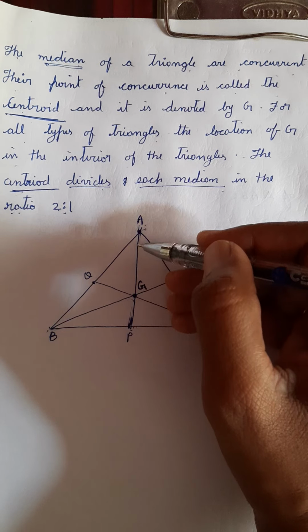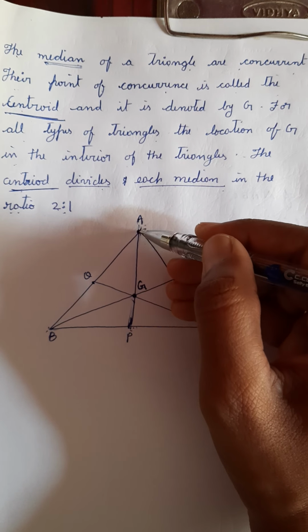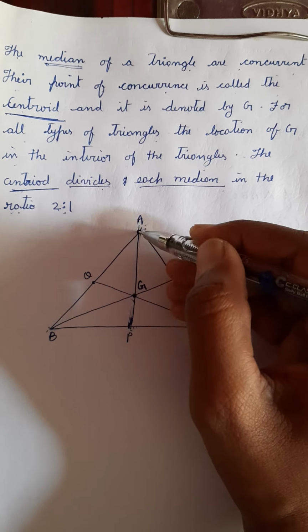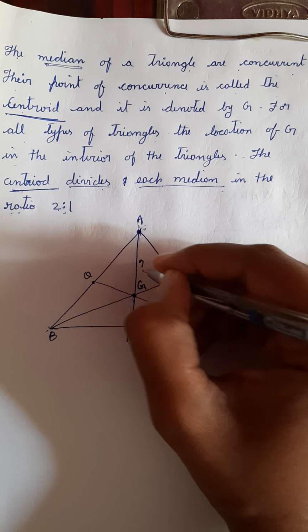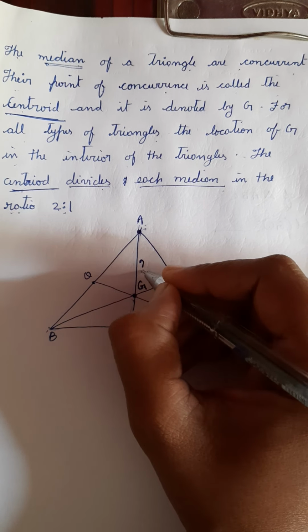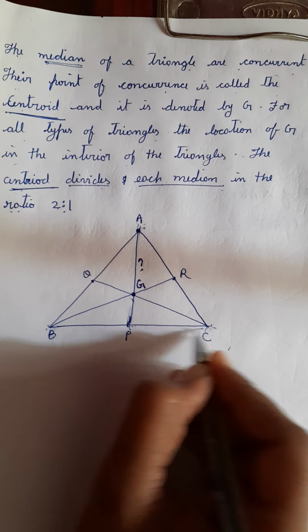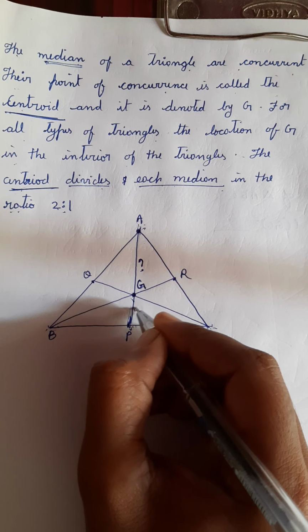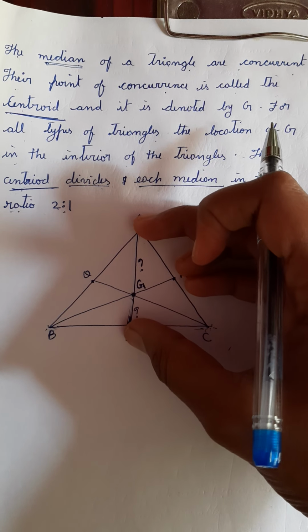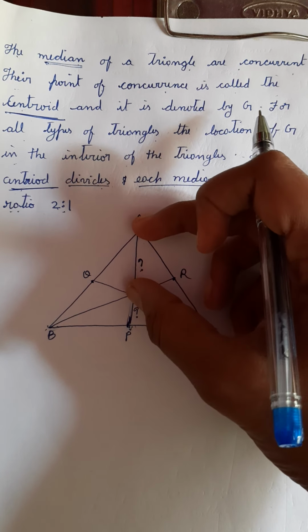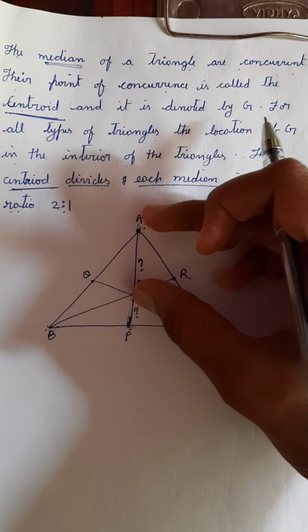So here, in median AP, we have two parts: one is AG, the other is GP.